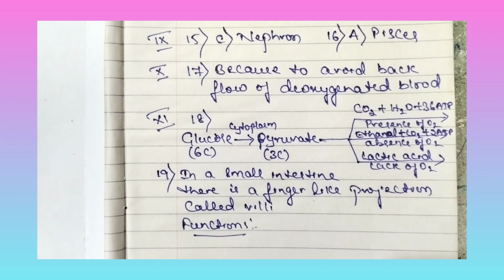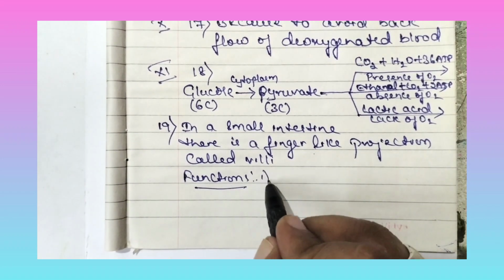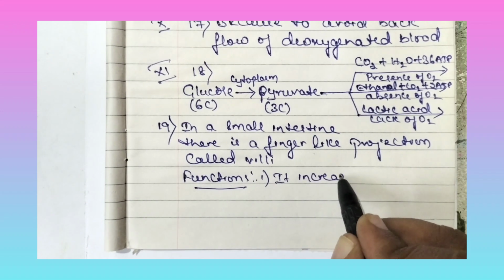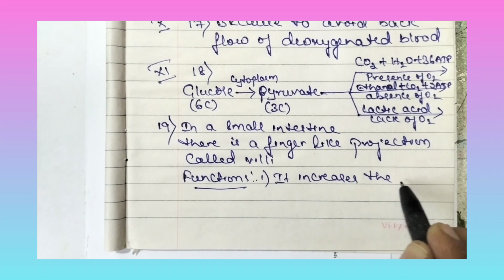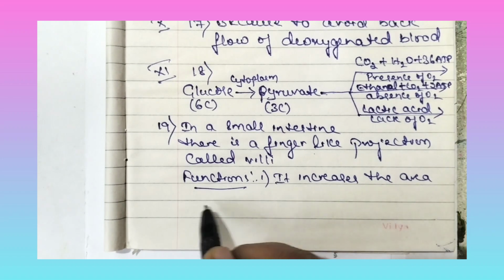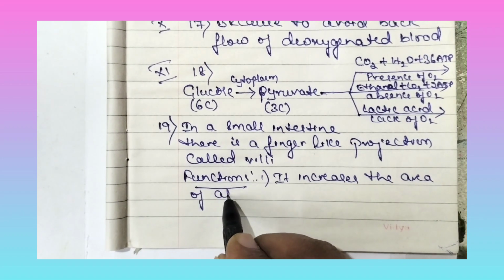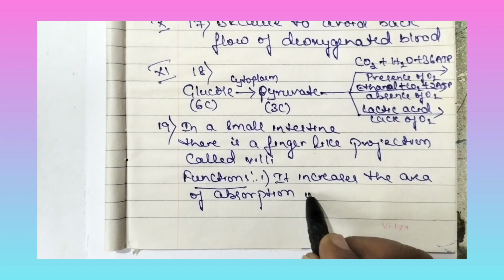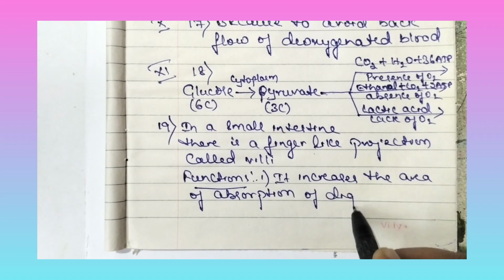The first function of villi is that it increases the area of absorption of digested food.